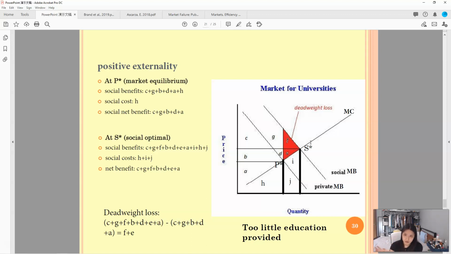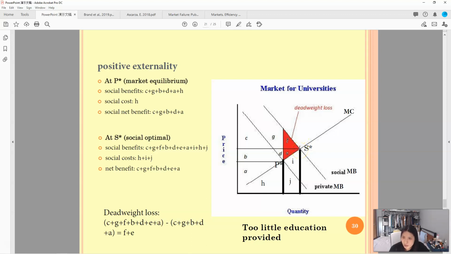From the society's perspective, I want to find the intersection of marginal social costs and marginal social benefits to maximize my social surplus, right? So the intersection would be S star.